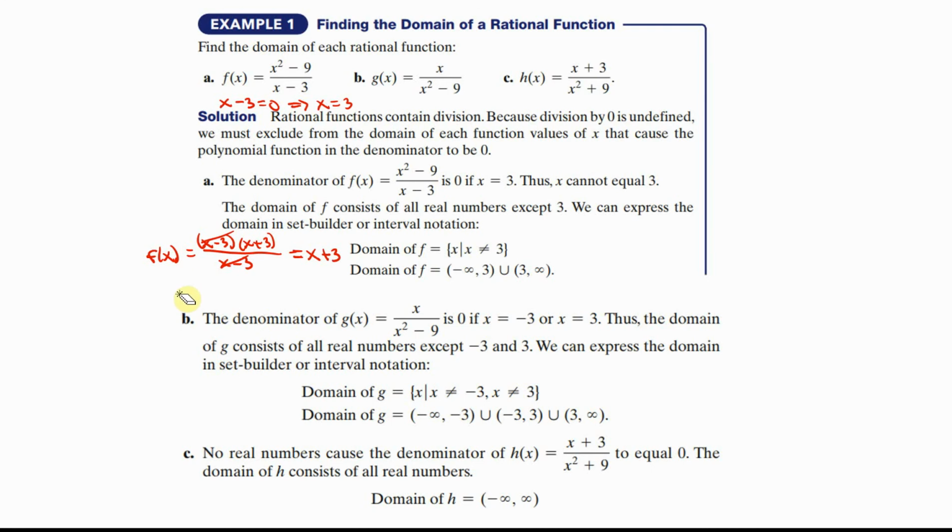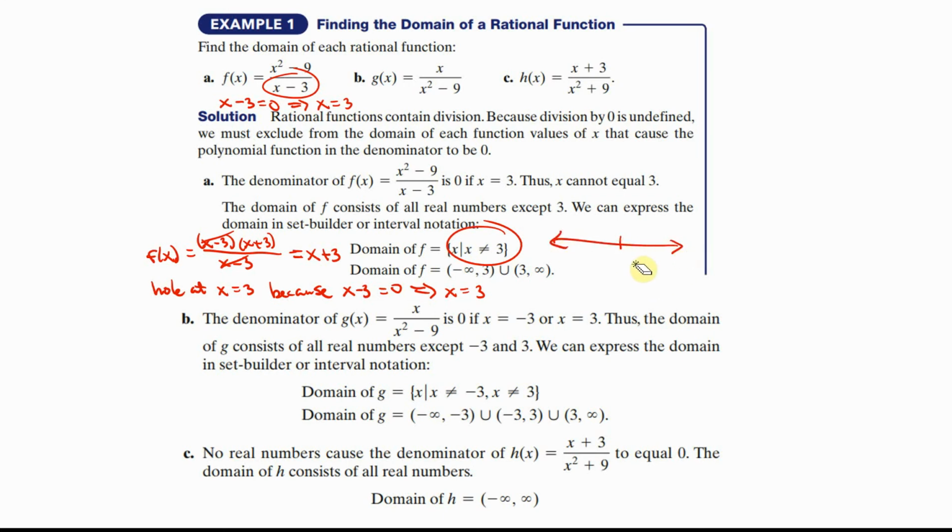But we have a hole at x equal to 3 because of the original function. We had x minus 3 in our denominator. You set that equal to 0, and that implies the problem child, x equal to 3. So we exclude x equal to 3, and we talk about all the other numbers on the number line.